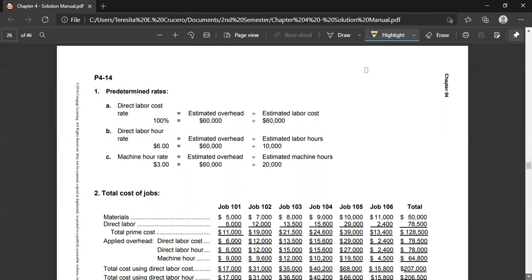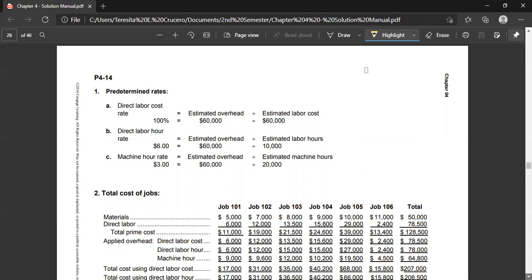So the predetermined factory overhead rate, if we use direct labor cost, is 100%.